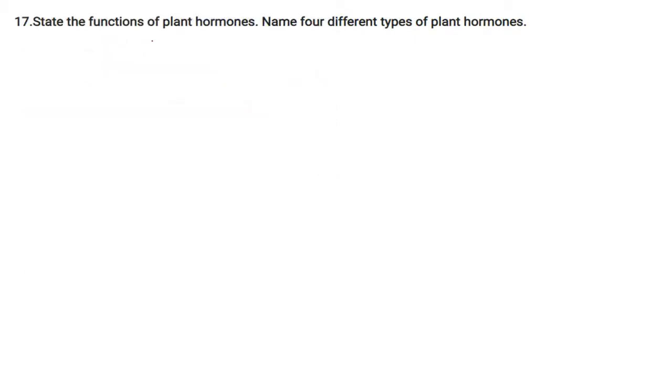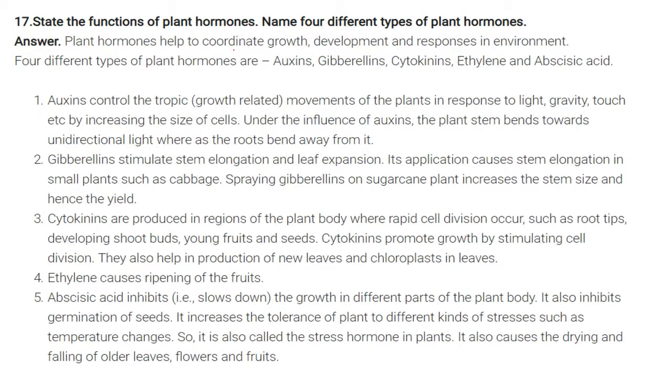State the functions of plant hormones. Name four different types of plant hormones. Plant hormones help to coordinate growth, development and responses to the environment. The types of plant hormones are auxins, gibberellins, cytokinins, ethylene and abscisic acid.